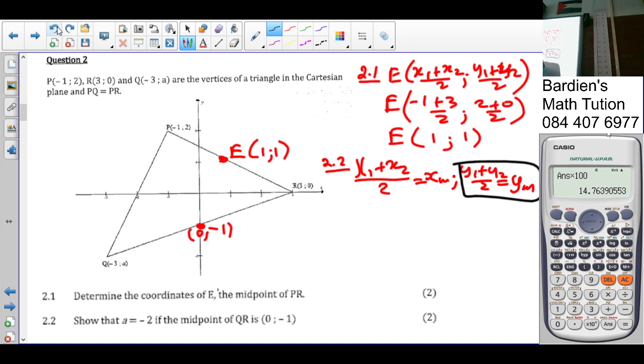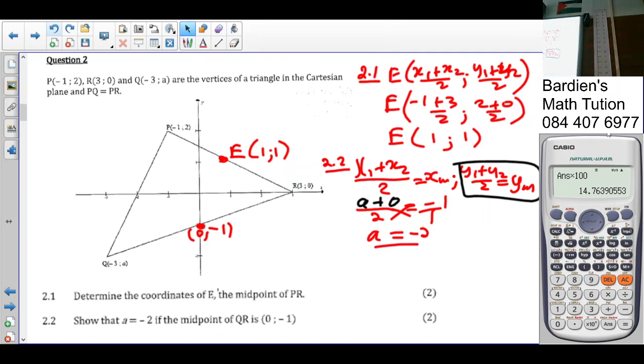So we're going to say A plus 0 over 2 equals the y coordinate of the midpoint, which is negative 1. So I cross multiply. A plus 0 is A, negative 1 times 2 is negative 2. So A is negative 2. So the coordinates of Q are negative 3 and negative 2.